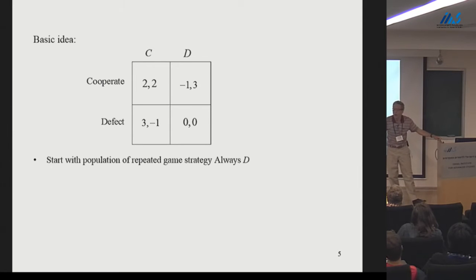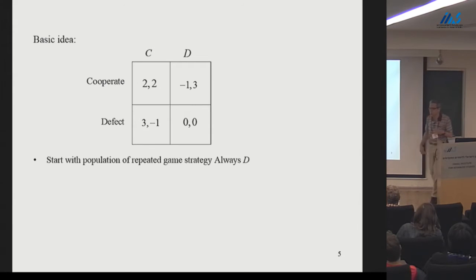Perhaps they are genetically programmed to play these strategies, or perhaps they have hit upon these strategies through some kind of cultural evolutionary process, but they're identified with their strategies. And let's suppose that initially everyone in the population is playing completely uncooperatively. So that's the strategy, always D. It's a repeated game strategy.